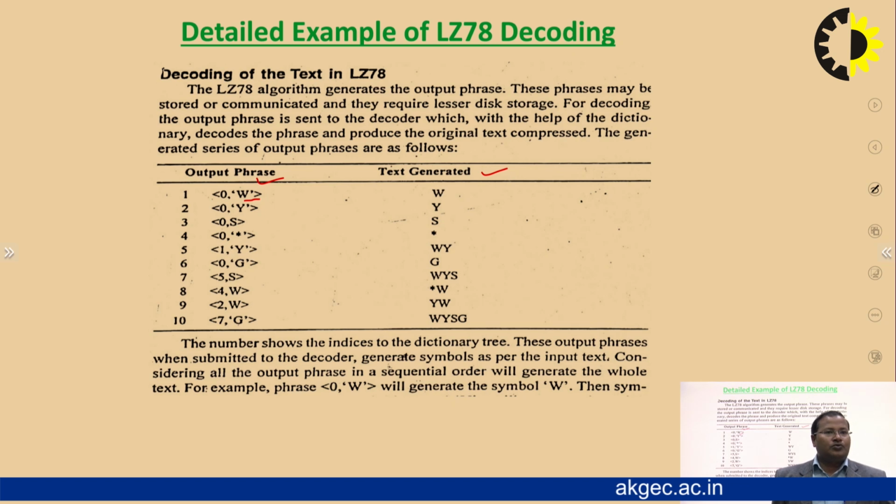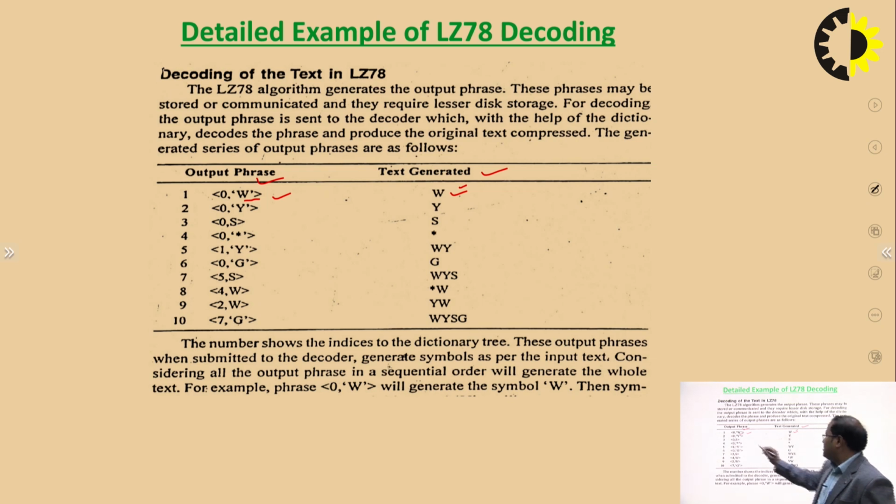Example, decoding is the reverse of encoding. So we can say here at the receiver side, the output phrase is obtained like this. So 0 comma W, 0 represents that W came for the first time, so it represents a single occurrence. So W is written here, then 0 comma Y, Y as asterisk.